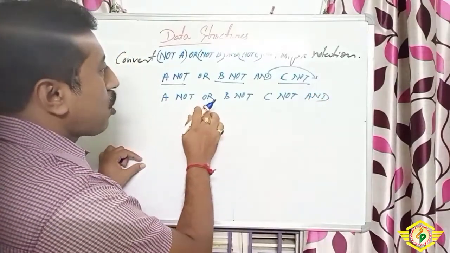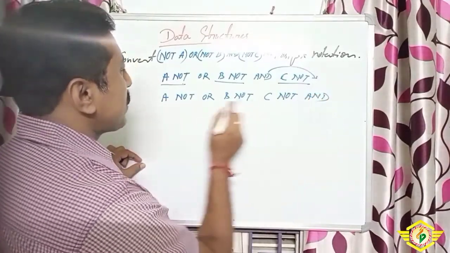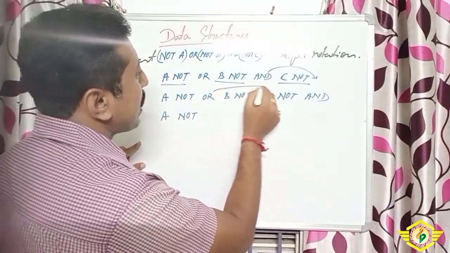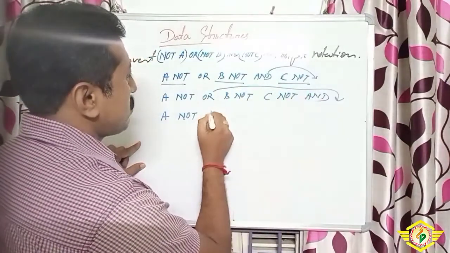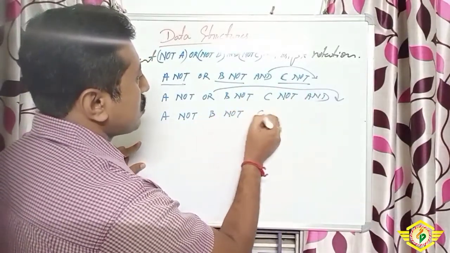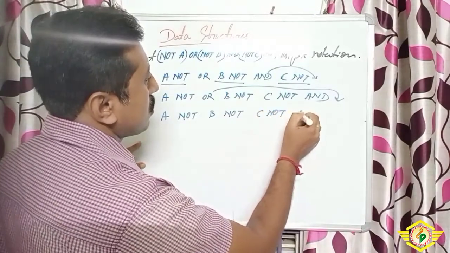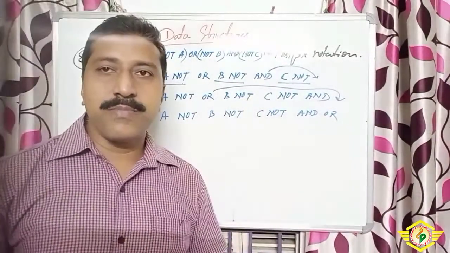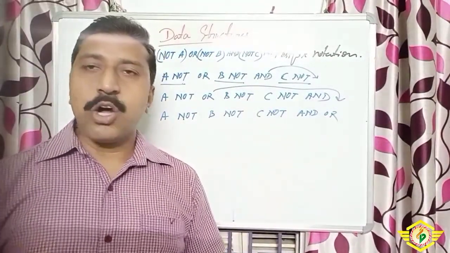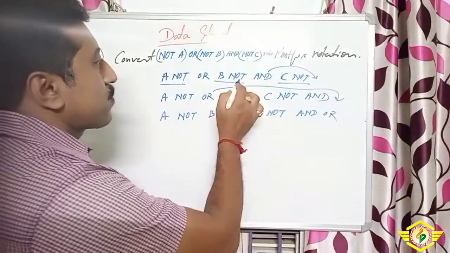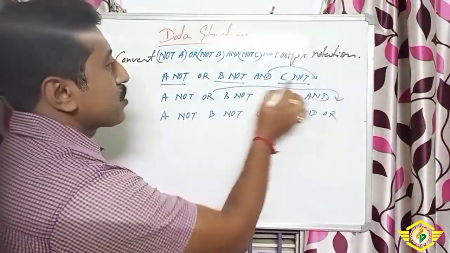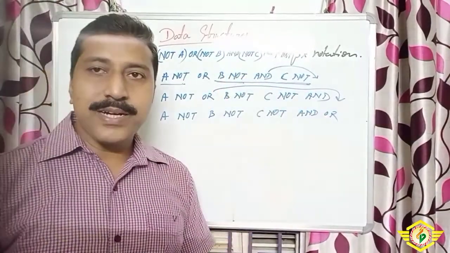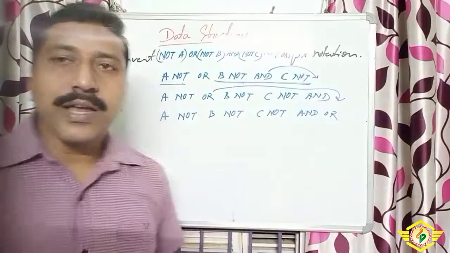Now this or, it is continuously there, so now it will be a not, this or will go directly here, so that means b not, c not, and or. Because this one thing you remember, in between operators cannot be inserted, because when we have removed this and here, this is only one part, so we cannot insert any operators in between. That's why or will go to the last one. Okay.